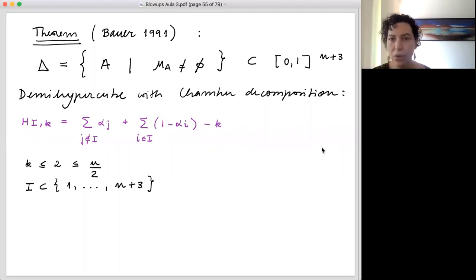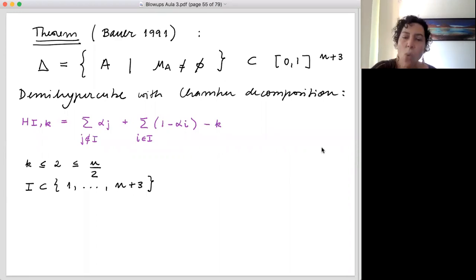So basically you take half of the vertices of your hypercube, and then you take all the hyperplanes that are spanned by subsets of these vertices, and this is the chamber decomposition. So this is a hyperplane arrangement, and when you look at the complement of this hyperplane arrangement, you get the chamber decomposition.